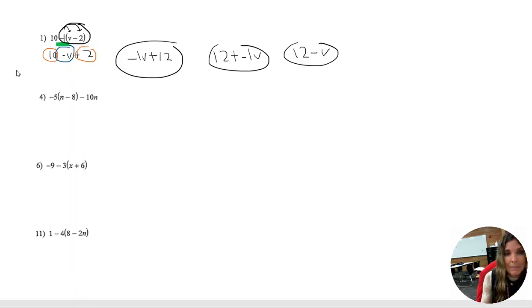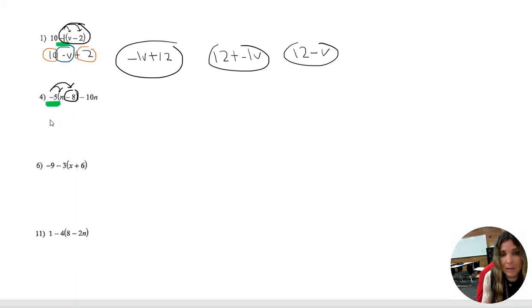Okay, question number 4. The reason that I put this one out is because on this question, the negative 5 is right next to the parenthesis, and inside the parenthesis, we have a positive 1n, but we also have a negative 8. You have to remember the sign that's attached to the number. So if there's a subtraction sign in front of a number, that number is really negative.